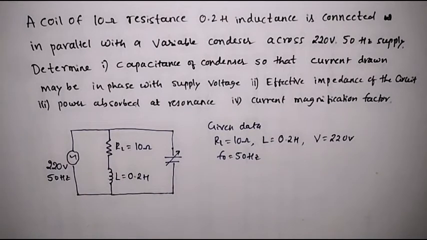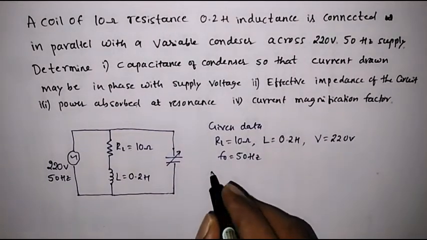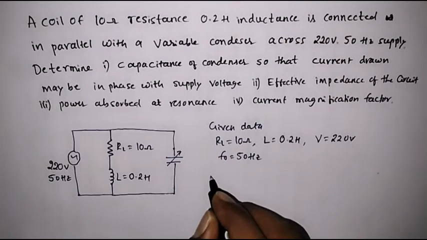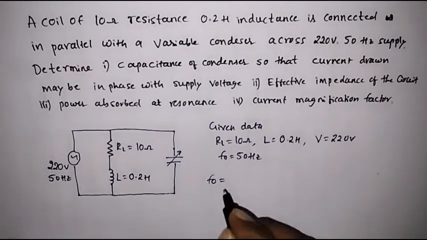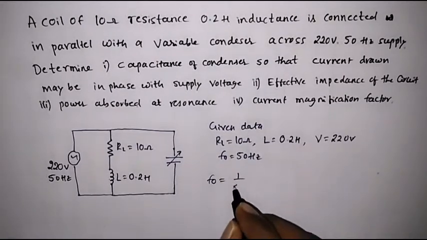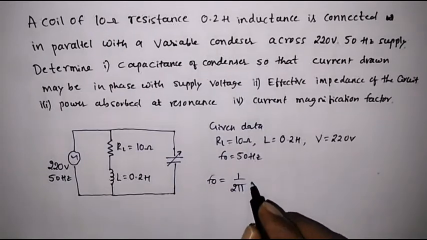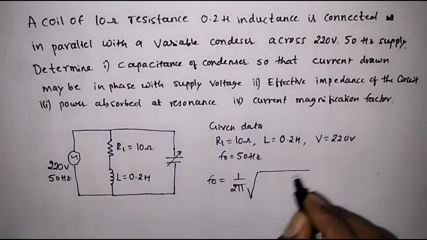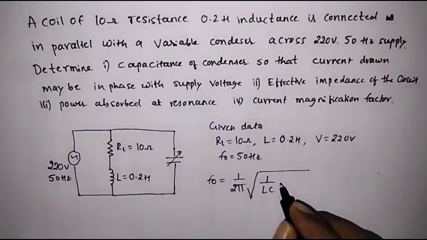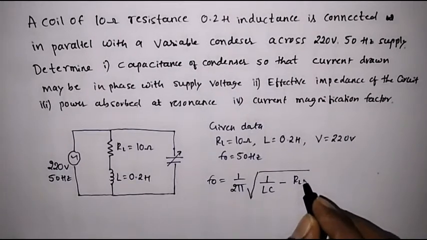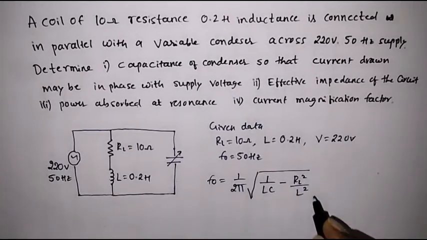We know that the resonant frequency for parallel resonant circuit is given by F0 is equal to 1 upon 2 pi under root 1 over LC minus RL square divided by L square.